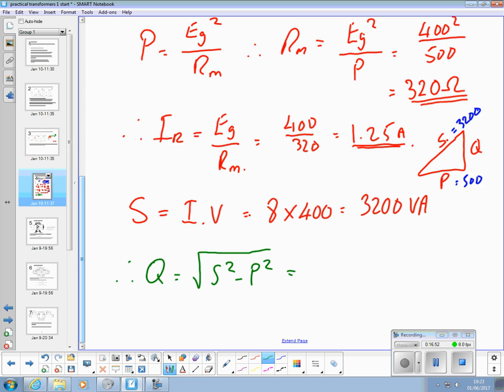Good old Pythagoras' theorem. That's the square root of 3,200 squared minus 500 squared equals. Just check with your calculator, but I got 3160 var.